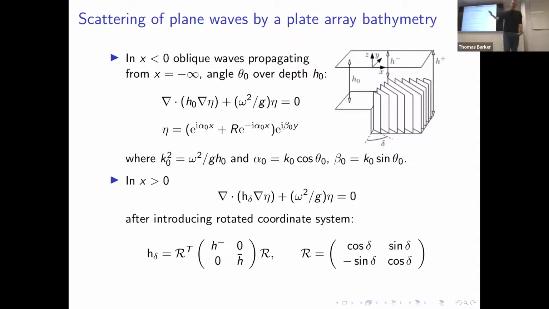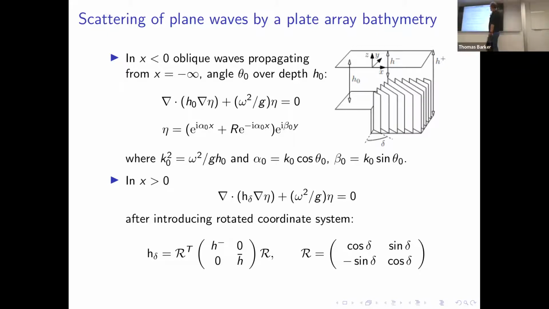Okay, and I can define a depth h naught on the left-hand side, and then I can define the height of the plates and the depth of the plates to be h plus and h minus. They don't have to coincide with h naught anymore. And I can define the angle through which these are rotated, okay, as well as the thickness of these plates. I've drawn them as 0 thickness here because that's easier to think about, and it gives you the greatest amount of anisotropy.